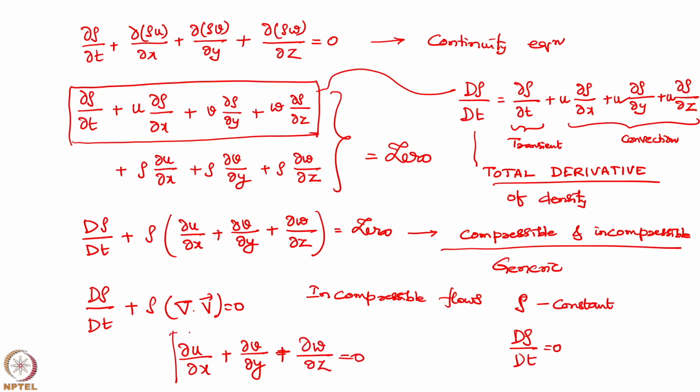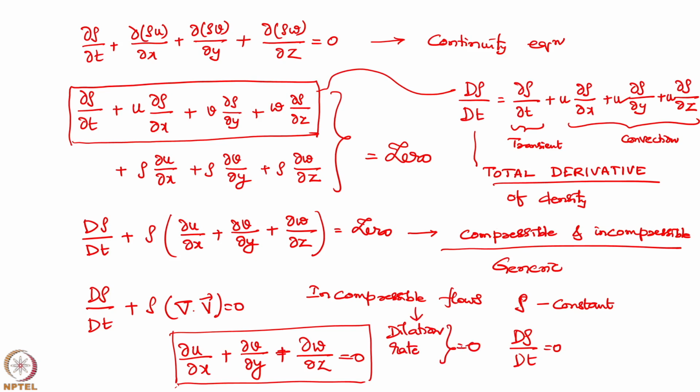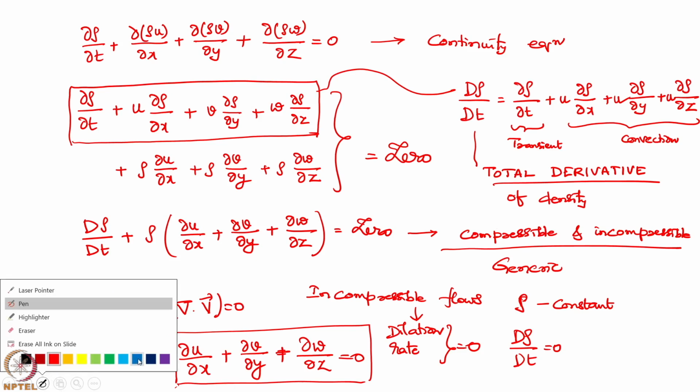If you recall, in my previous class we derived for incompressible flows, we called this the dilation rate, and for incompressible flows we said that the dilation rate is 0. So, you see, from a different form also we got the same equation. So, the takeaway is that you should remember the three forms of the continuity equation.